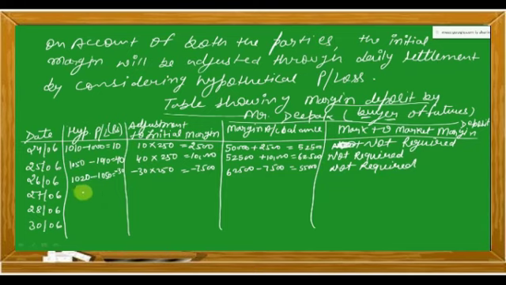Right. So 27th of June. On 27th of June, the price is 980, and the previous close is 1020. Again, loss or profit? There is a loss of negative 40. So negative 40 multiplied by 250 is negative 10,000.